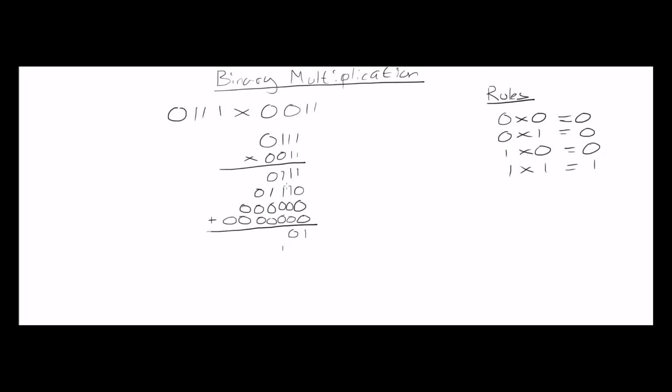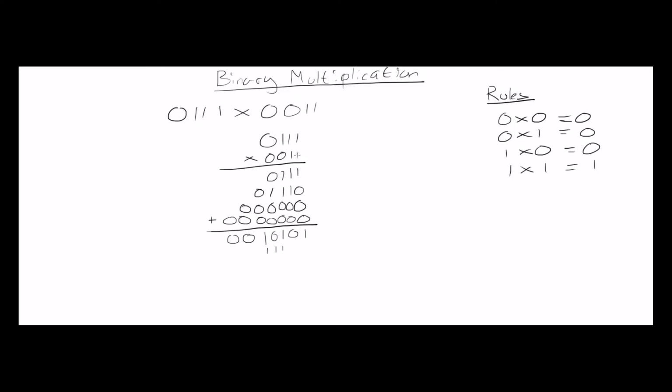Add this column together, and that's 1 plus 1 plus 1, so that's 1 carry the 1. And add this column together, and that's 0 carry the 1. And add this column together, and that's 1. And then the other columns are just 0.